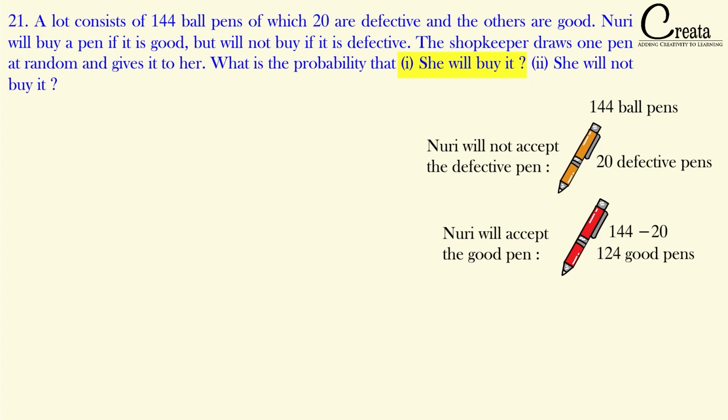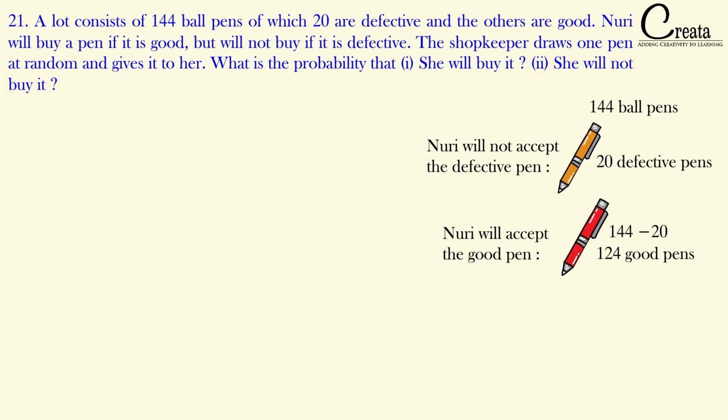It means that in the first case, we have to find the probability of getting a good pen. Got it? And in the second case, we have to find the probability that she will not buy the pen. It means that we have to find the probability of getting the defective pen. So we have observed the question.